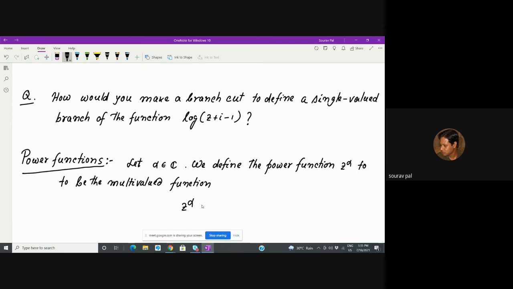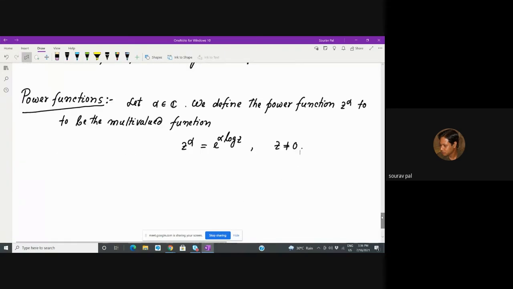How do we define it? z to the alpha is equal to exponential of alpha log z. Definitely, whenever you talk about log z, you say z is non-zero. If we define it this way, it is definitely a multi-valued function because log z is involved here, and we have seen a lot of branches. So accordingly, we can talk about the branches of z to the alpha.